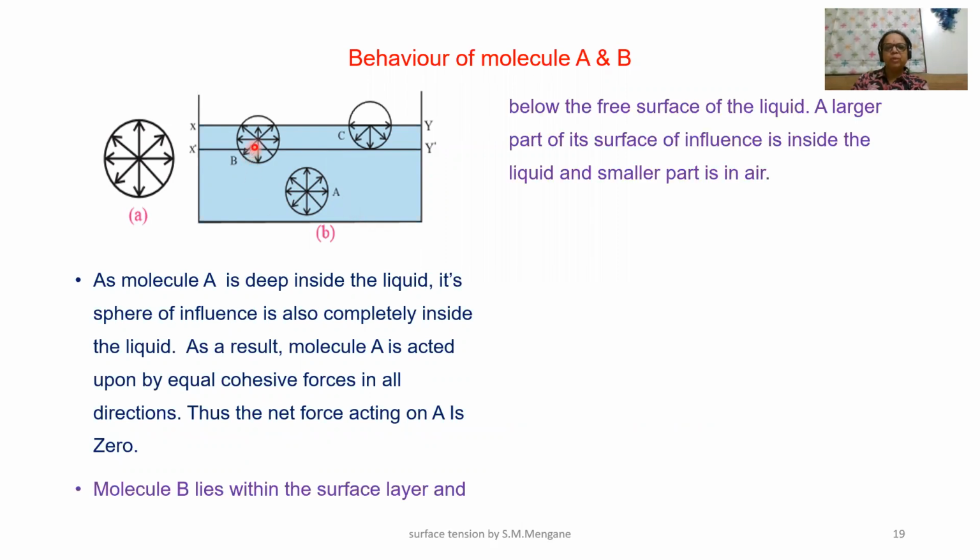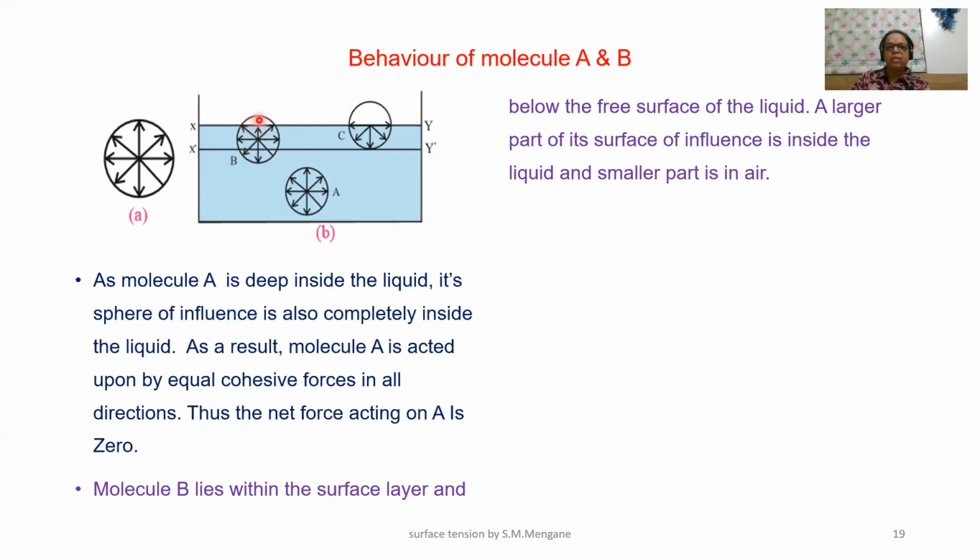Now see molecule B. Taking B as a center and the range of molecular attraction as radius, we can draw the sphere of influence like this. What is the position of B? B is in the surface film. Of the sphere of influence, the maximum part of B lies inside the liquid and a very small part is in air.